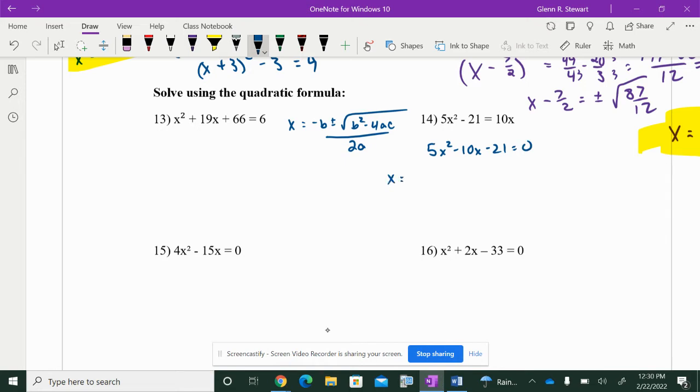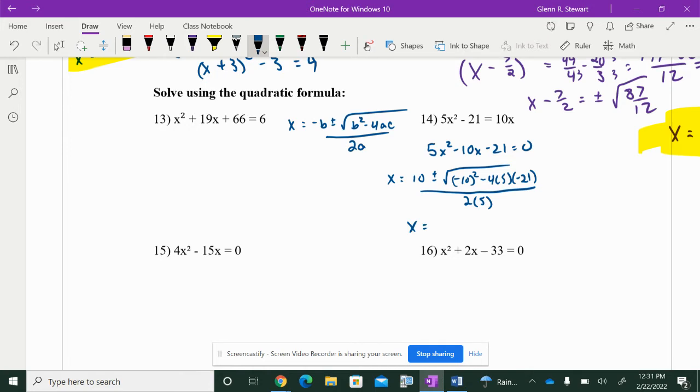So x is equal to negative 10, so positive 10, plus or minus the square root. Notice I said negative, so it's a negative in the problem, it's a negative in the equation, so it becomes a positive. Negative 10 squared minus 4 times 5 times negative 21 all over 2 times 5.